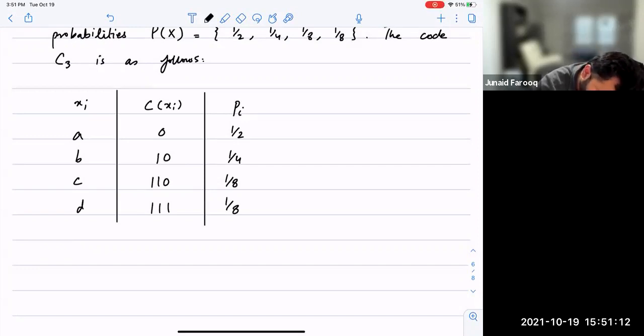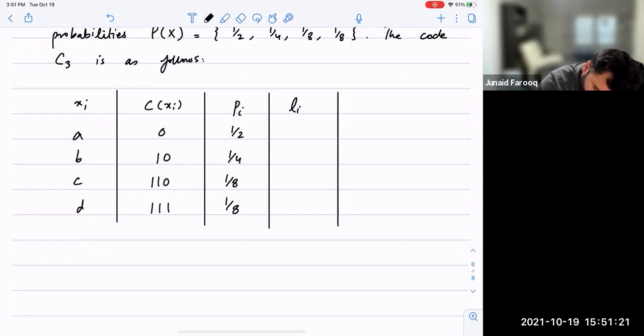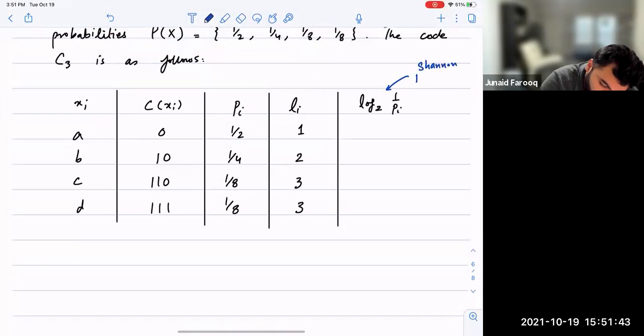Let's first write down what the length is. So Li is 1 here, Li is 2 here, 3 here, and 3. And let's also write down what is log 2 of 1 over pi. Let's remember from previous lectures, this is the Shannon information content of the symbol.